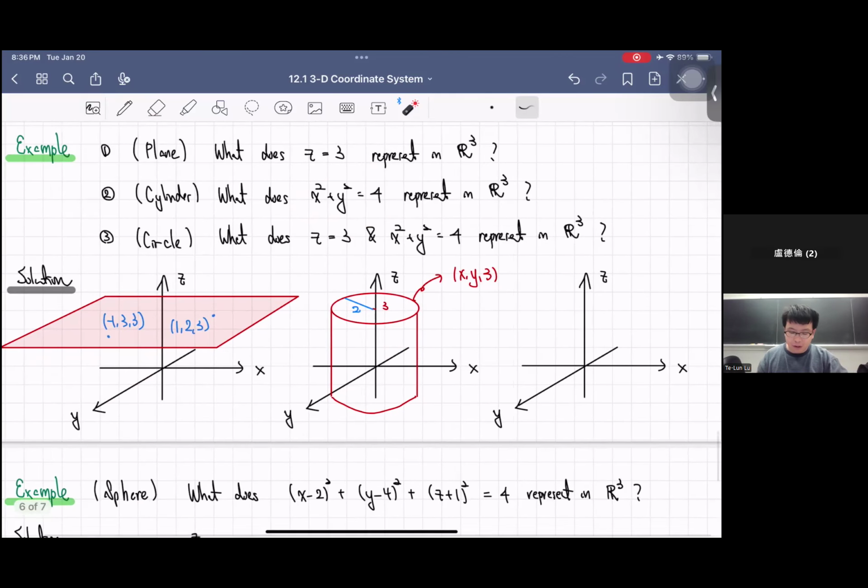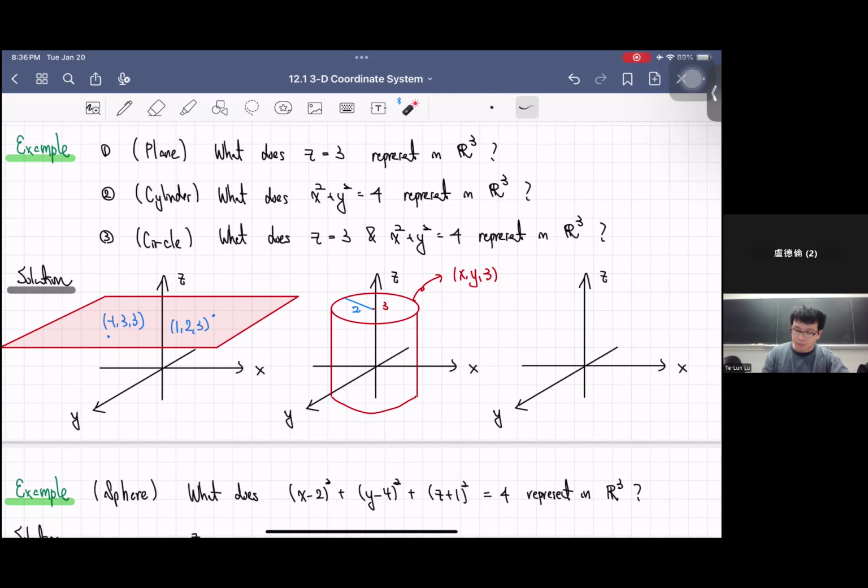Now, lastly, we're asking what is z equals 3 and x squared plus y squared equals 4. As usual, when you're dealing with two equations, you're basically finding the intersection of those two things, right? Because we're trying to find the points that satisfy this equation and that equation.